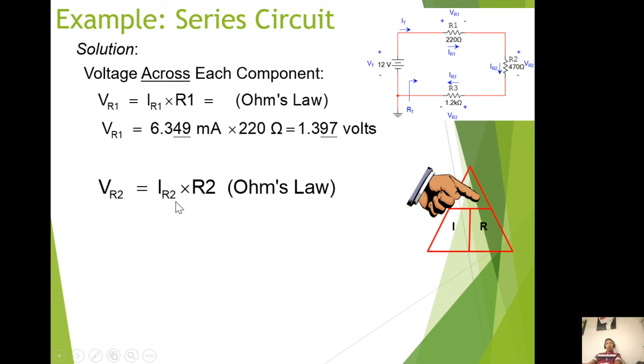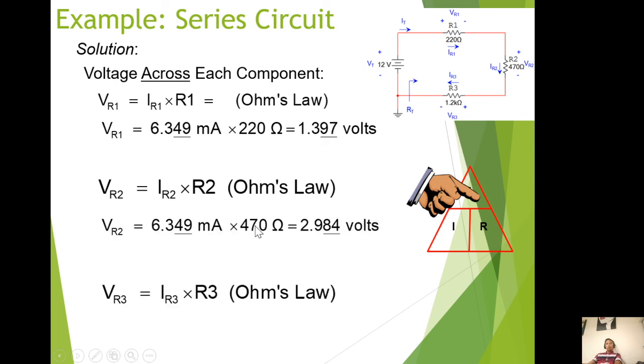VR2 is equal to IR2 times R2, from Ohm's law. So substitute: 6.349 mA times 470 is equal to 2.984 volts. To solve for VR3, substitute 6.349 mA times 1.2 kilo ohms, which is equal to 7.619 volts.